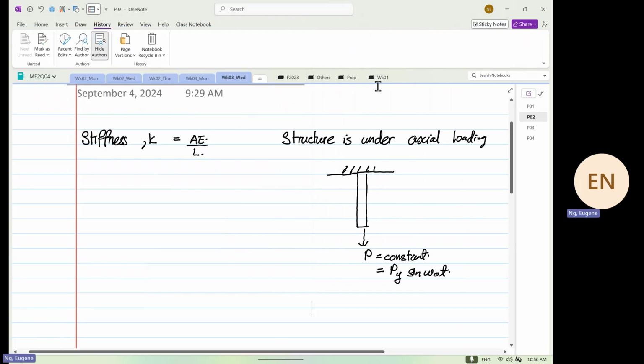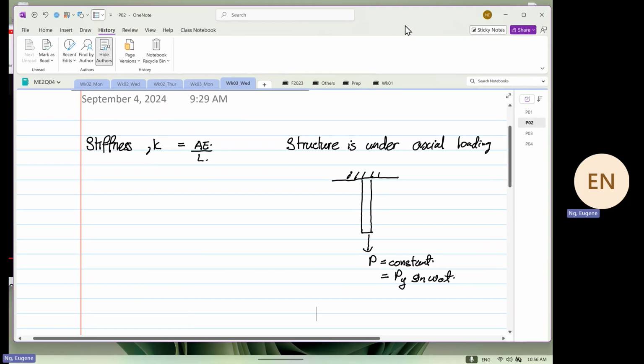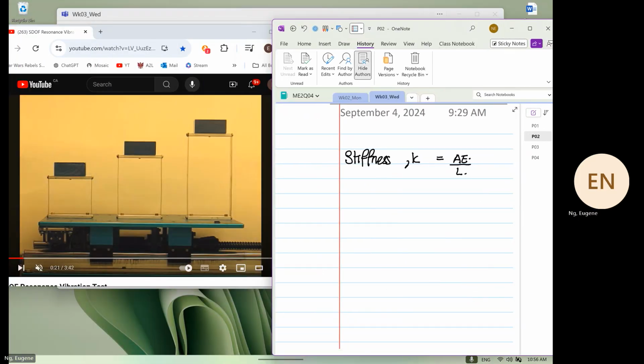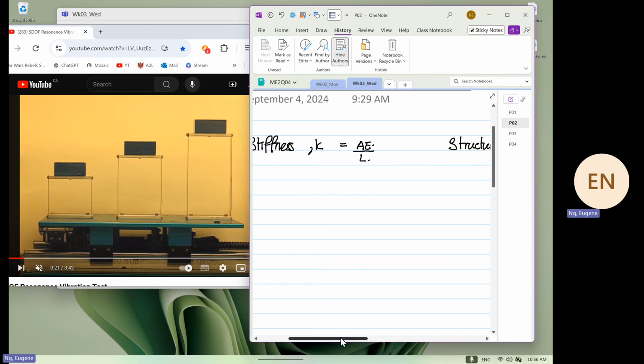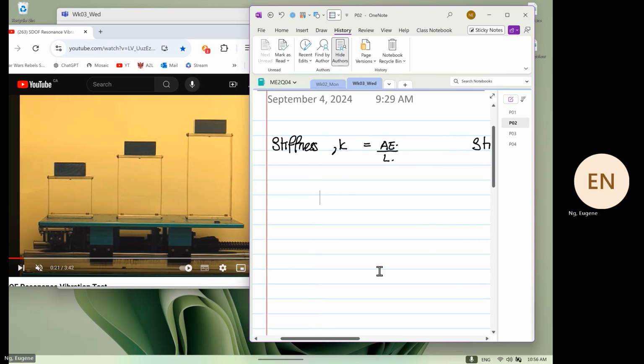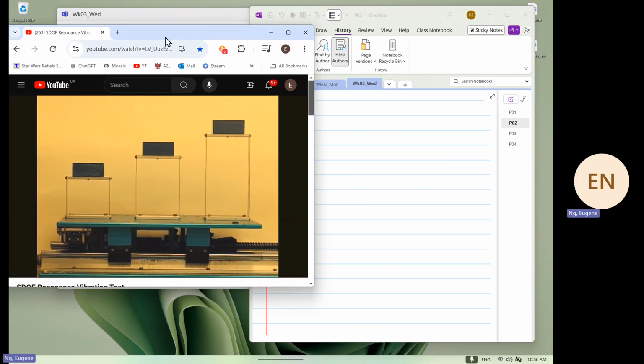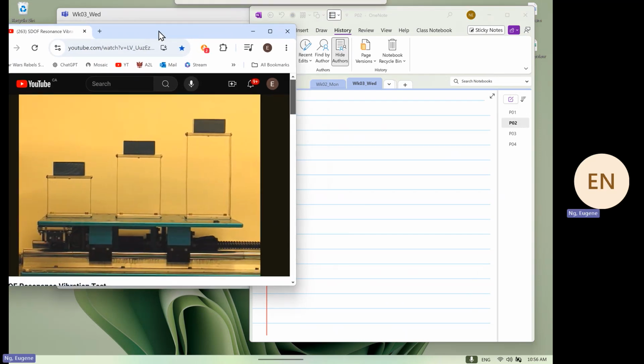Okay, now what I want you to do is sketch how this structure will look like when you carry out your analysis.